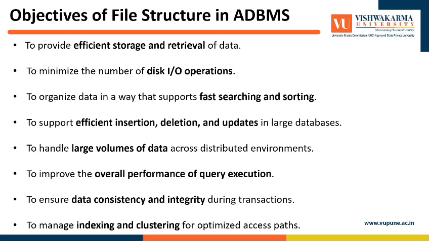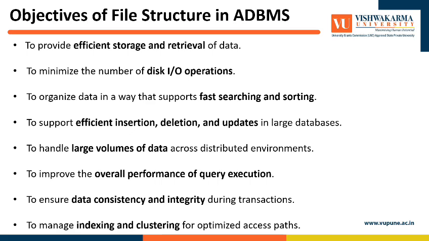In this slide, we will see the objectives of file structure in ADBMS. Number one, efficient storage and retrieval of data. Number two, minimize the number of disk I/O operations. It organizes data in a way that supports fast searching and sorting.